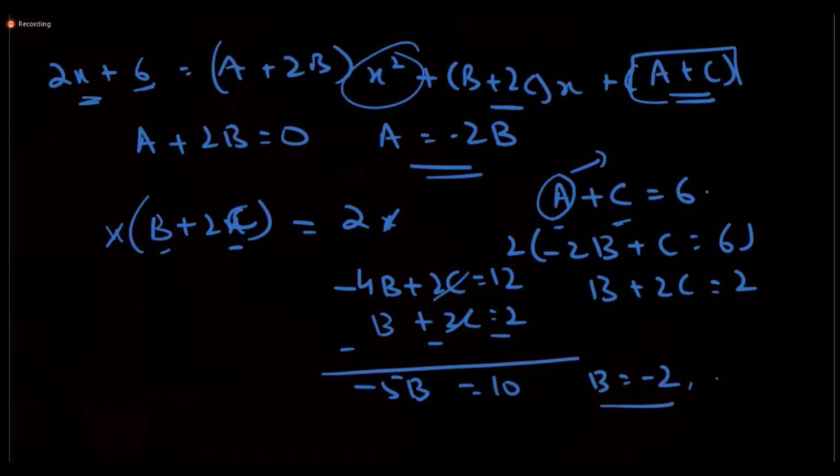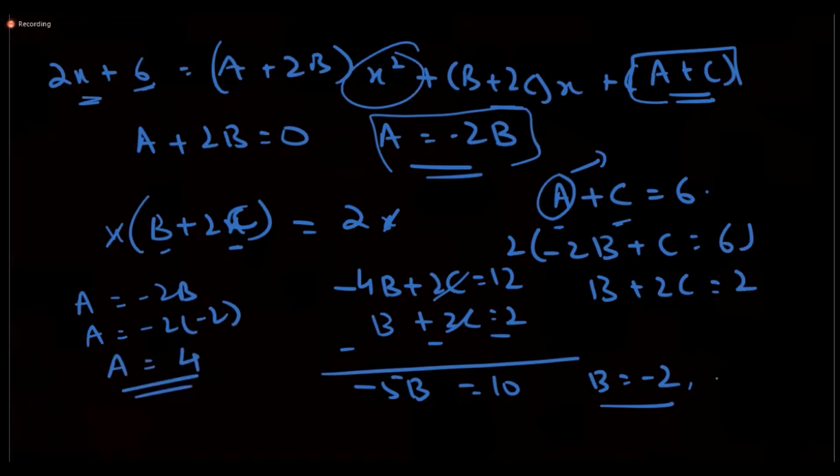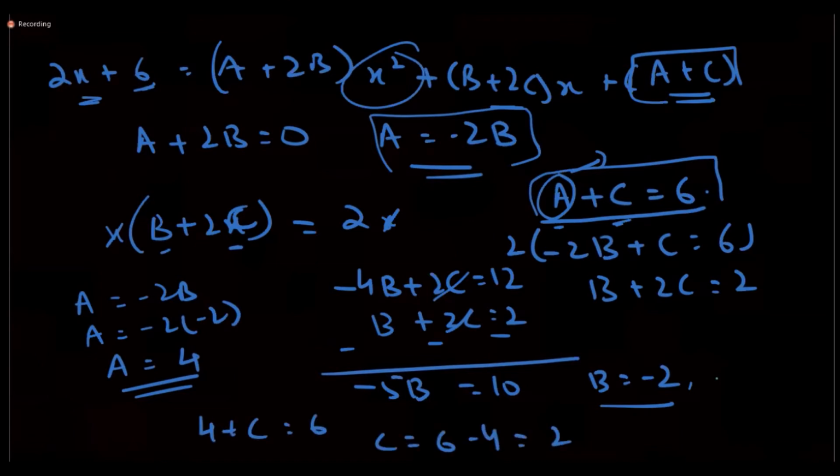Now since A equals −2B, A equals −2 times −2, A equals 4. Now in the third equation, A + C equals 6, so since A is 4, 4 + C equals 6, C equals 6 − 4, that is 2. So now we have all the values A, B and C. We will just plug in the values.